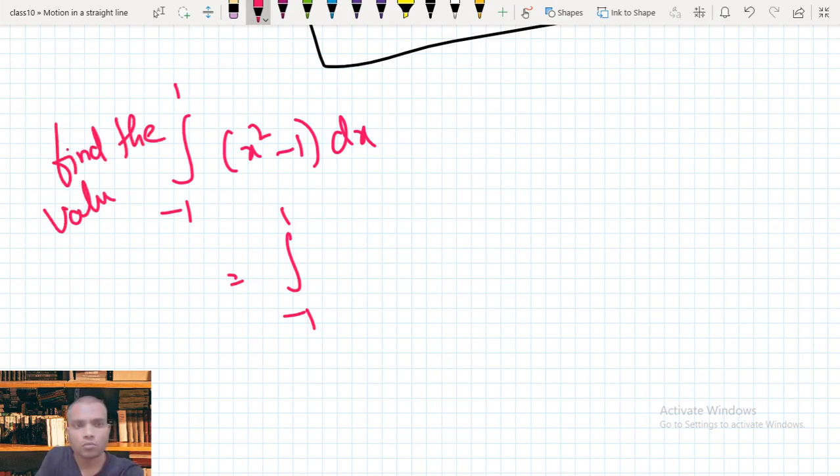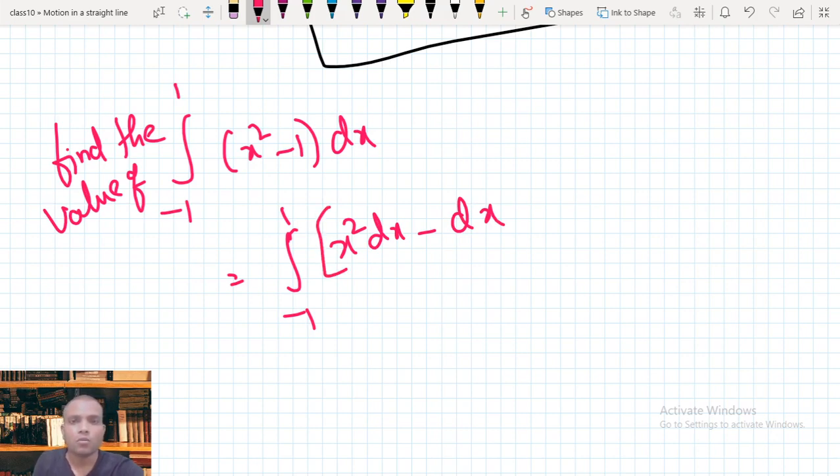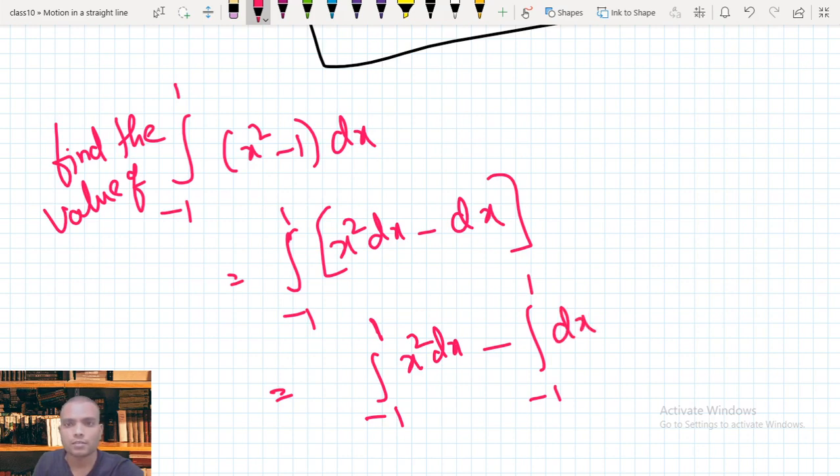First we multiply out: x square dx and minus 1 times dx, that goes to minus dx. Now we can distribute the integral. So integral -1 to 1 of x square dx, minus integral -1 to 1 of dx.